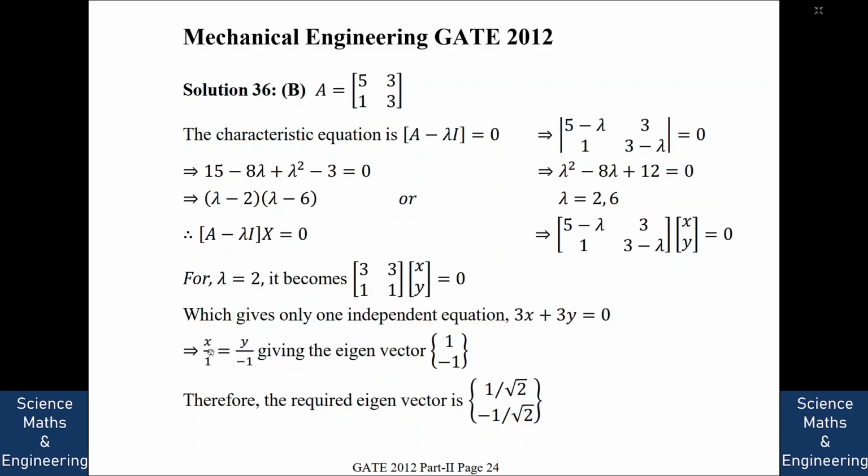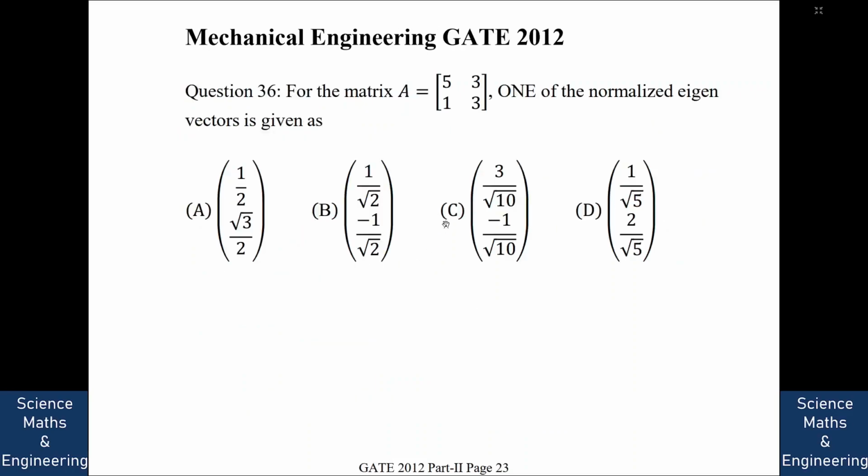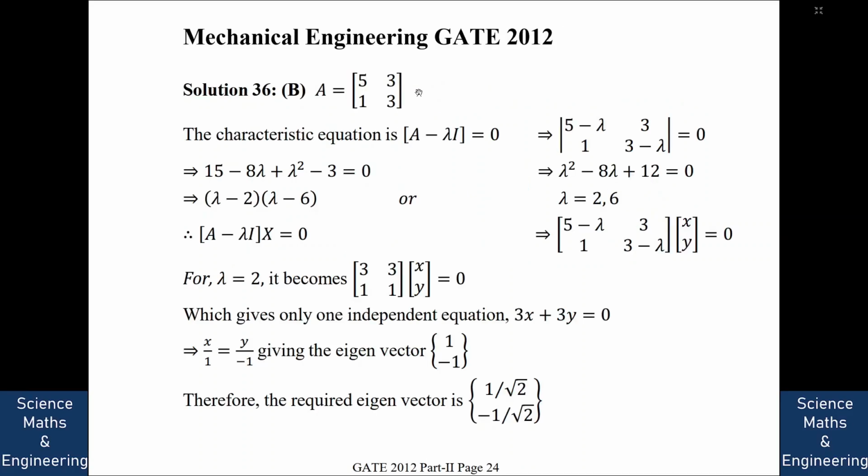So that would again become x by 3 equal to y by 1. But if we see here, 3 by root 10 is there, but it is minus 1 by root 10. Had this been 1 by root 10, then this would also have been a normalized eigenvector of this matrix. Okay. So here only one option is correct, that is option B. So we'll go to the next question.